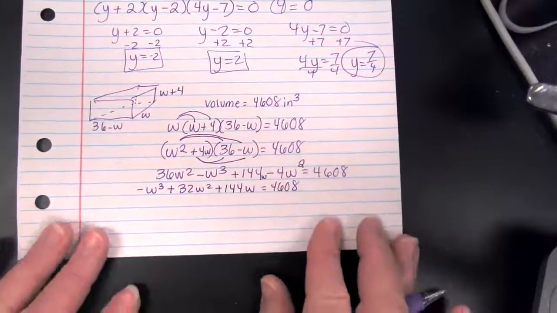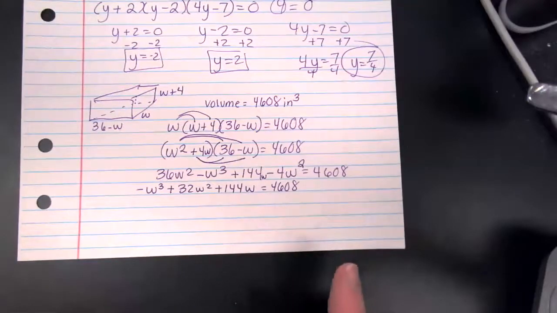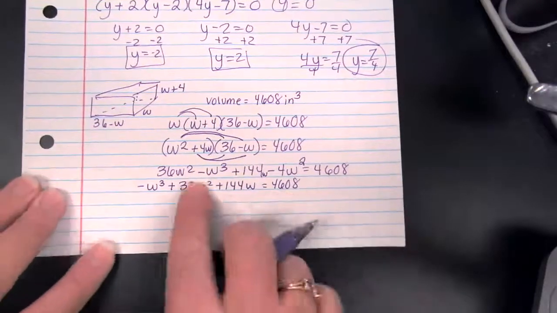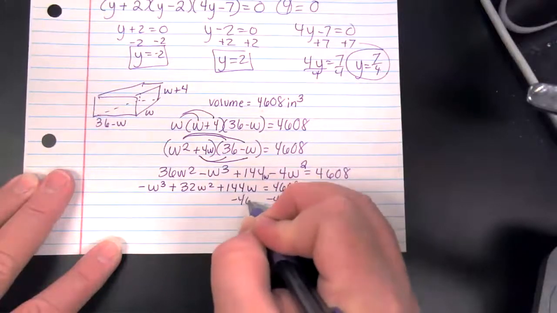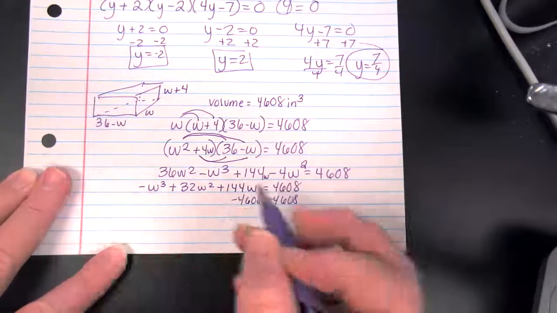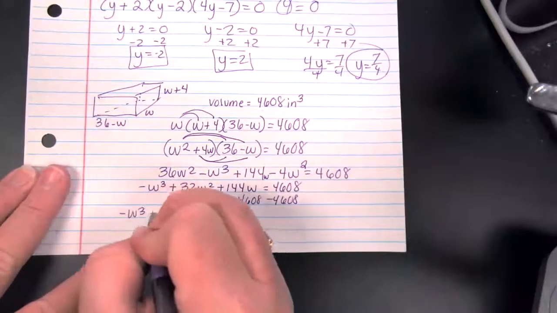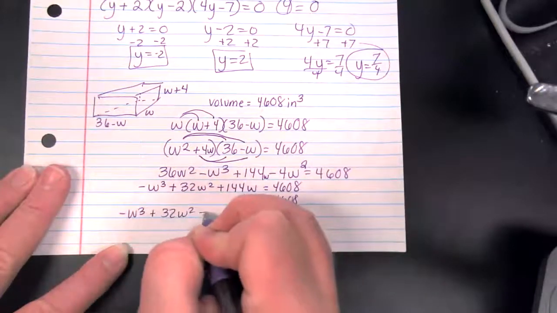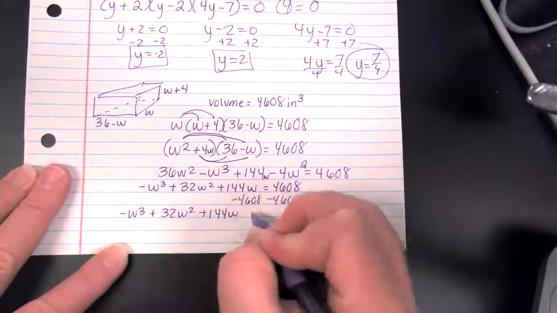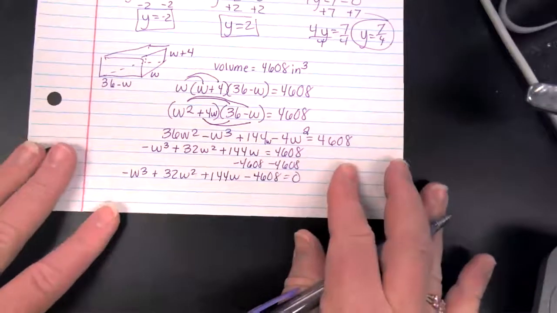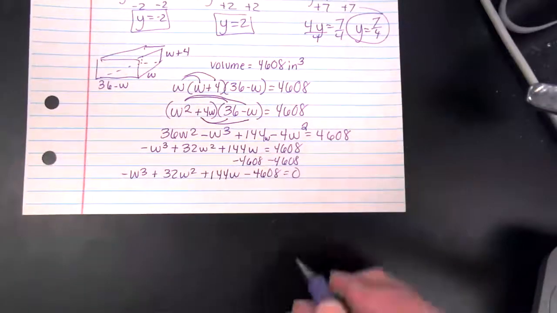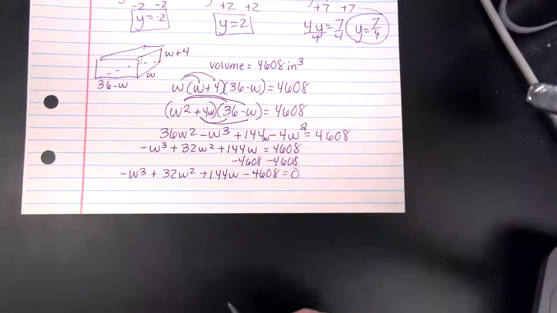Next thing I'm going to do is move the 4608 over here because I'm supposed to. So negative W cubed plus 32W squared plus 144W minus 4608 equals 0. That got me up to making it equal to 0.